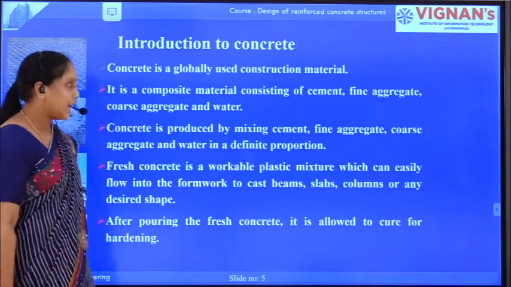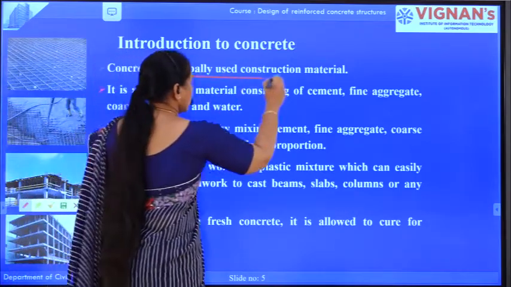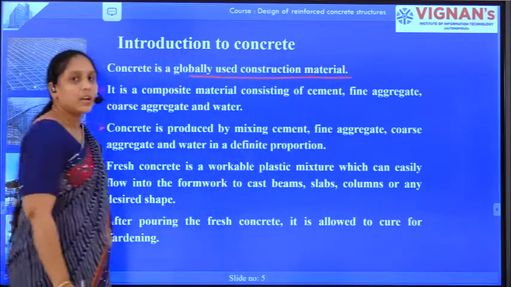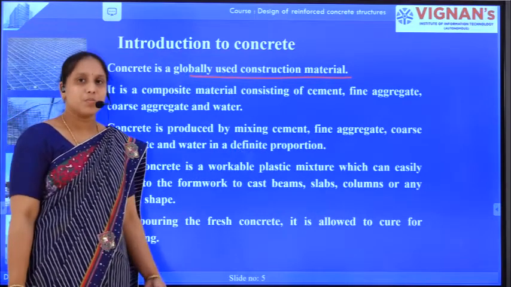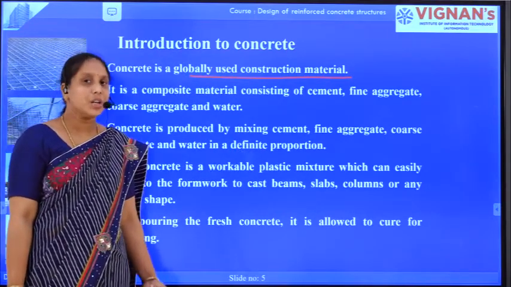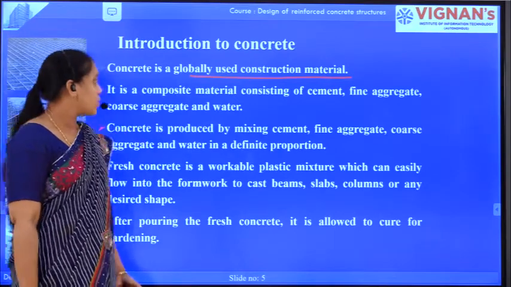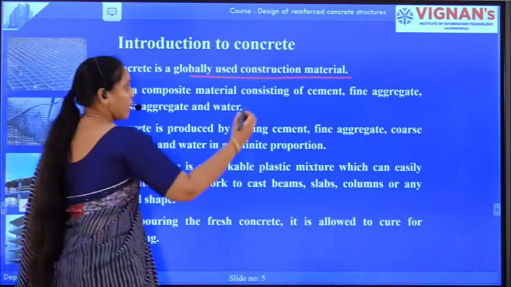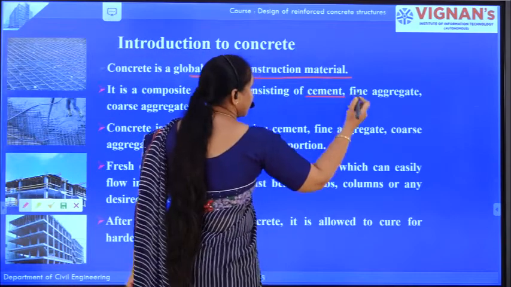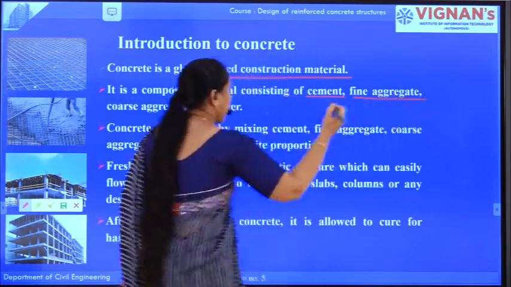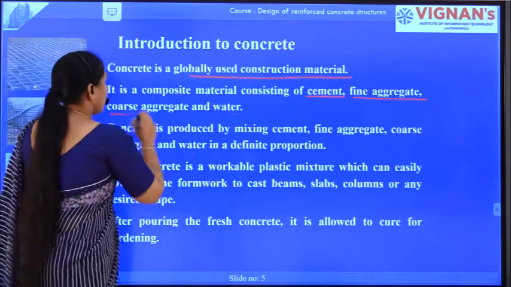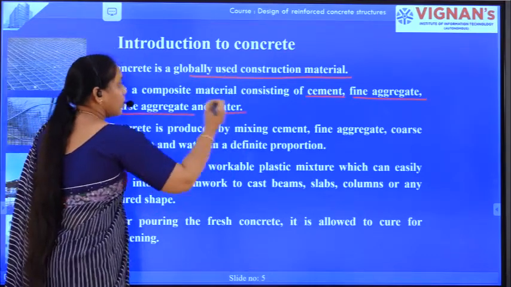Concrete is the globally used construction material. If we observe, concrete is the most commonly used construction material. So what is concrete composed of? Concrete consists of cement, fine aggregate, coarse aggregate and water.